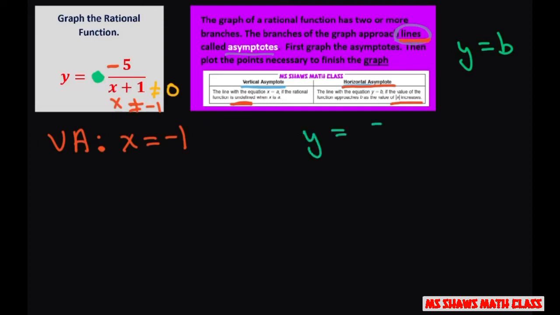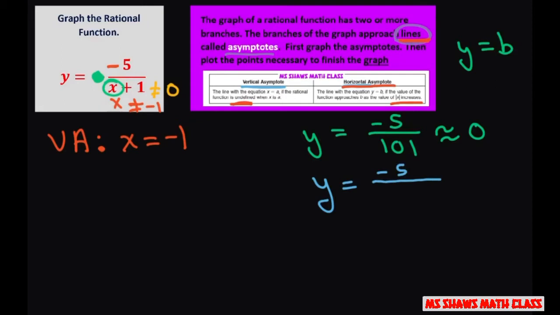We have -5 divided by, and I'm going to put a big number in here. So I put 100 in there. That's 101. So that is pretty close to 0. And if you don't understand that, you want kind of an integer value if you can for this introduction part. If you want to test some more values, let's plug in 1,000,000.